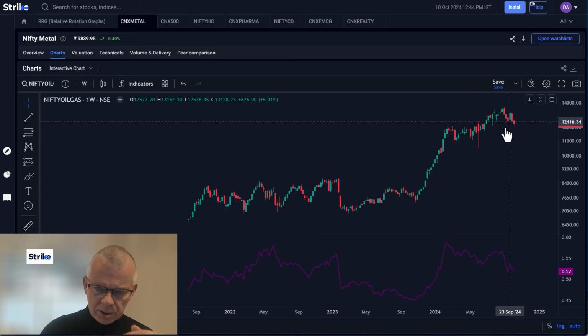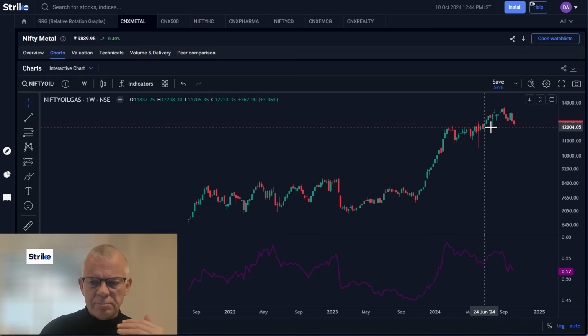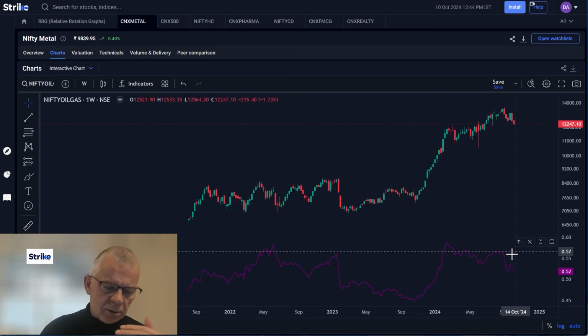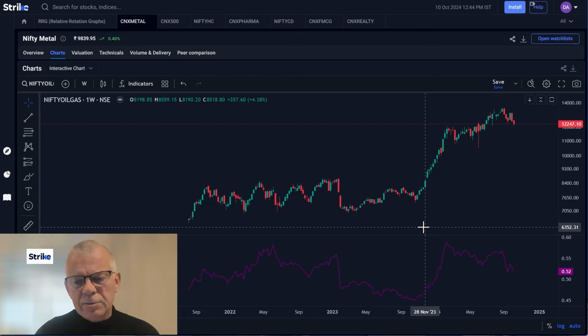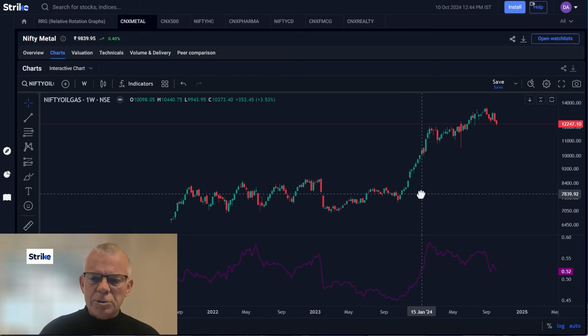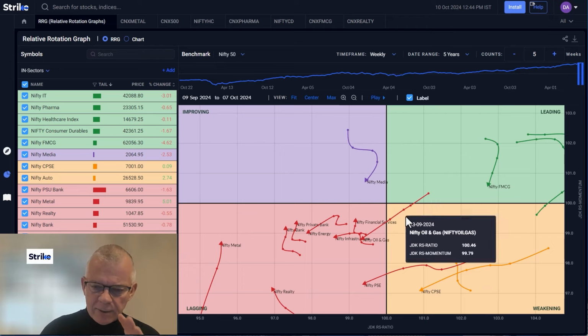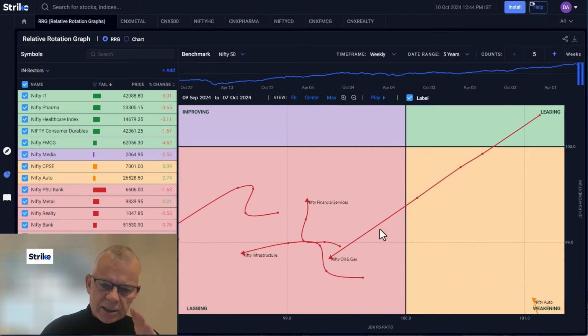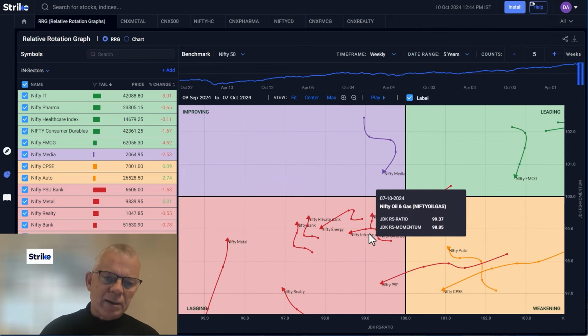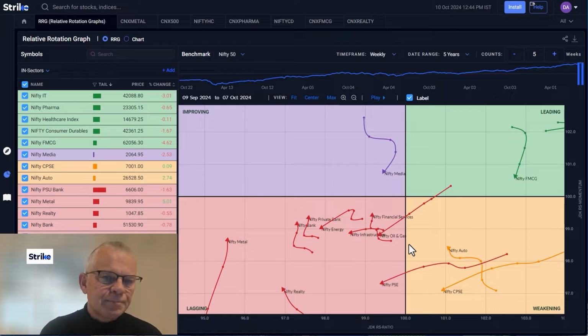But when you see price declines and breaking off support in combination with this sort of weak relative strength, that tells you something, and the RRG lines are picking that up and suggesting that the oil and gas sector is now starting a new relative downtrend versus its benchmark.